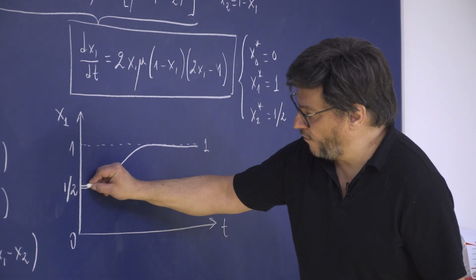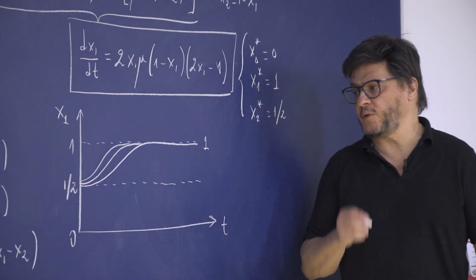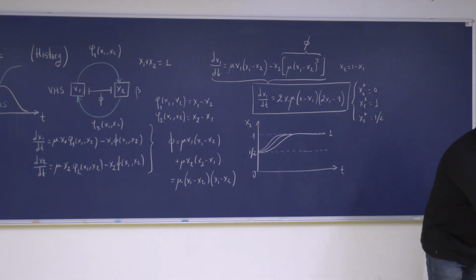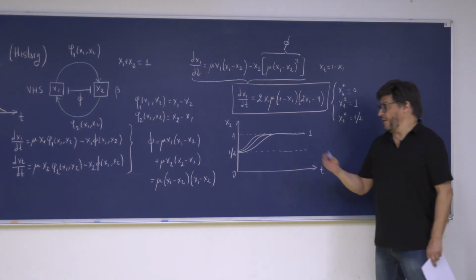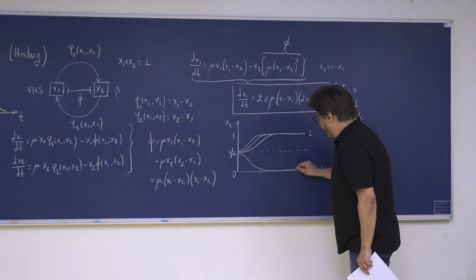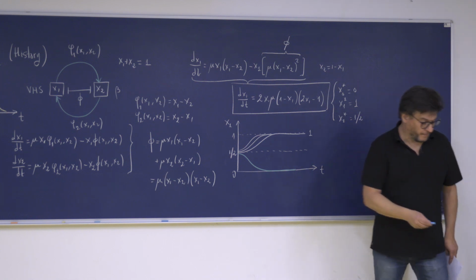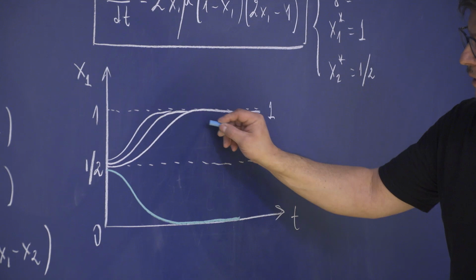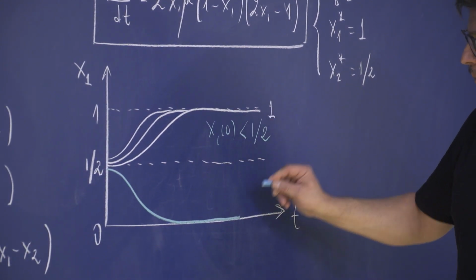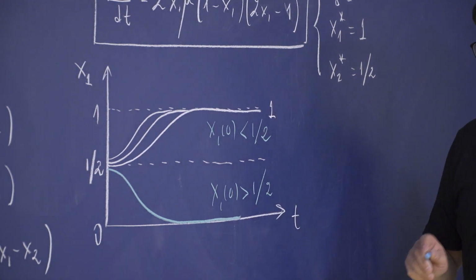If I take other quantities, right, this moves wherever it goes, okay? Whereas if I start from an initial condition where I'm in the minority, right, the behavior is precisely the opposite. I go into extinction, right? Okay, so that would be x1(0) less than 1/2. It will be x1(0) larger than 1/2, okay?